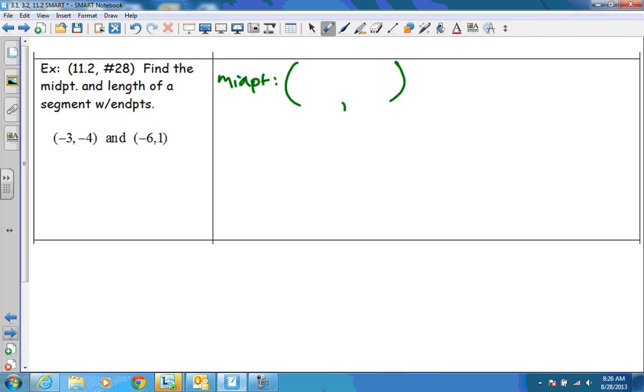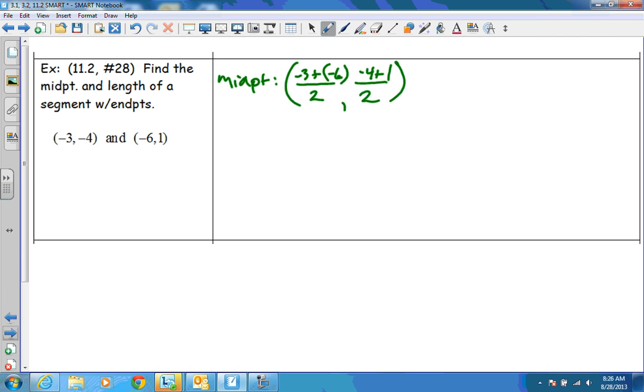No. So get your parentheses. Which one comes first? X's. Are we going to subtract them or add them? Add them. So I have -3 plus -6, and we divide by 2, because there are 2 of them. With the y's, I have -4 plus 1 and divide by 2.